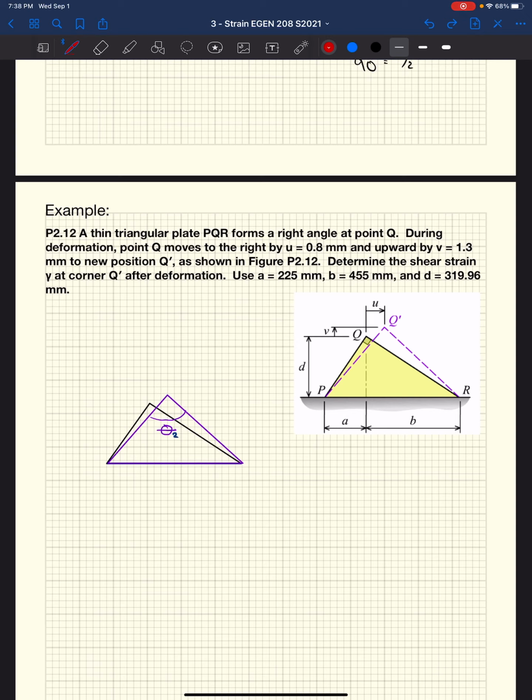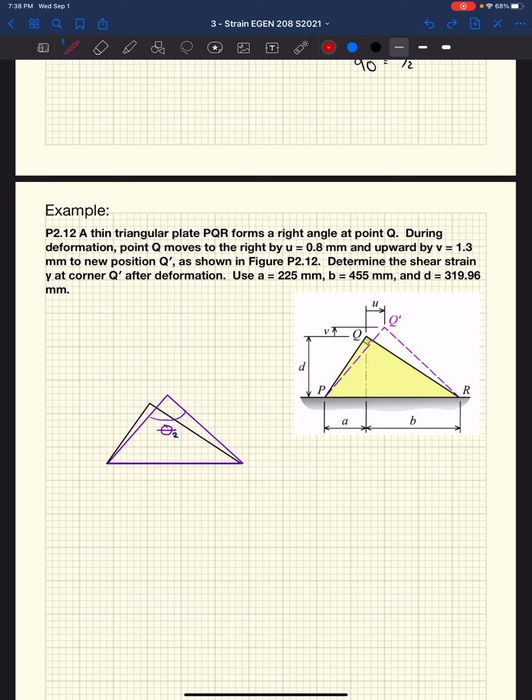So there's obviously a real world application. Point Q moves up and to the right U of 0.8 millimeters, that's our X coordinate, if you will, and upward by V equal to 1.3 millimeters, or Y coordinate, to a new position Q prime as shown in the figure.